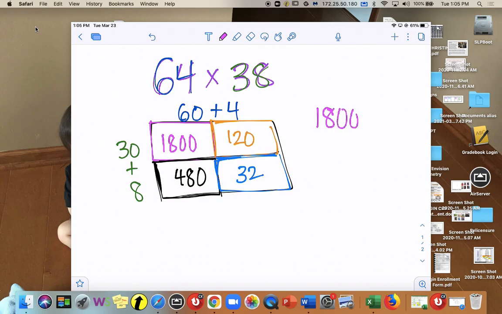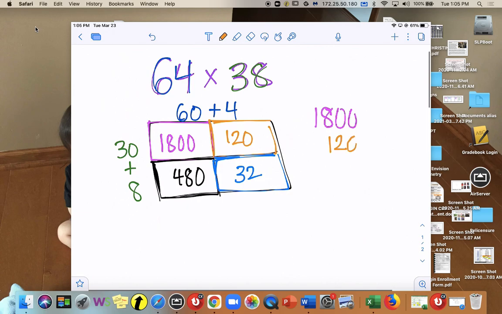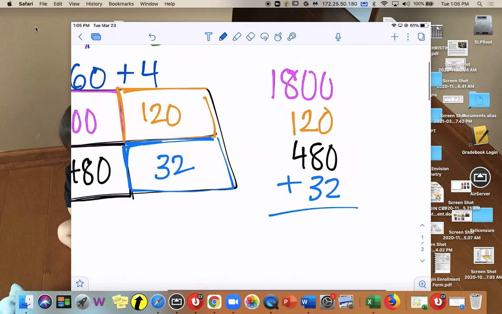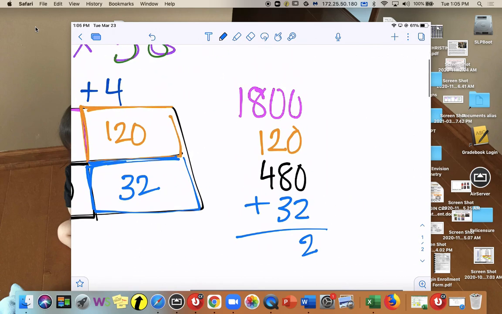So 1800, we got our 120. We got our 480, and we have our 32. We'll add them together. So I'll get 2, and then we have 8, 9, 10, 11, 12, 13, 8, 9, 10, 14.